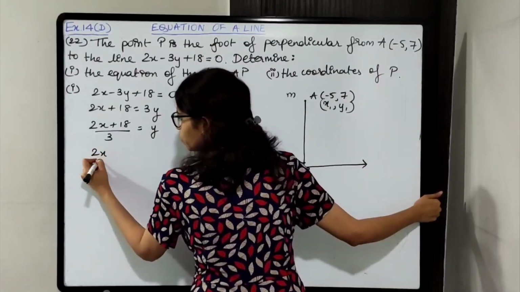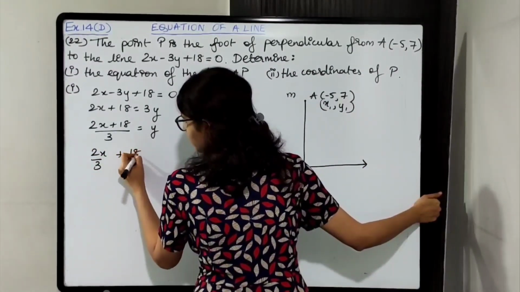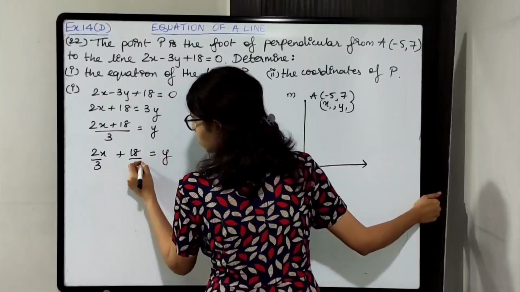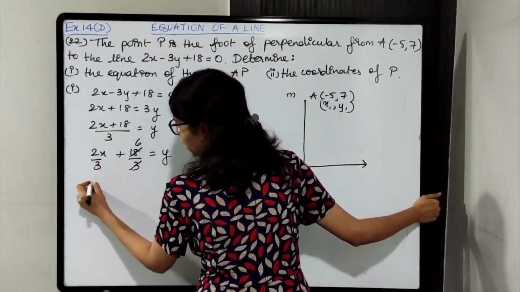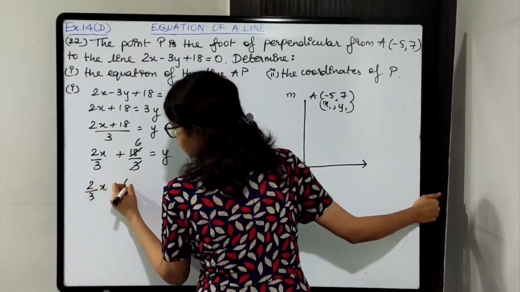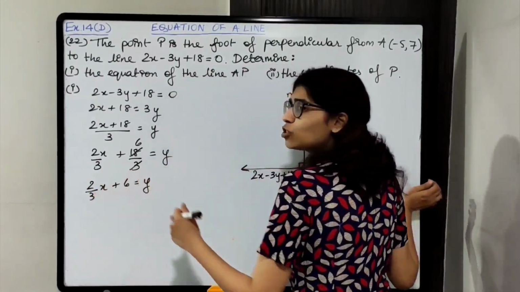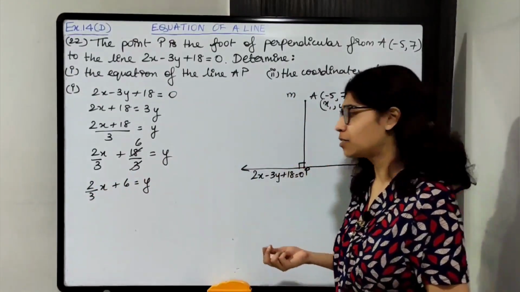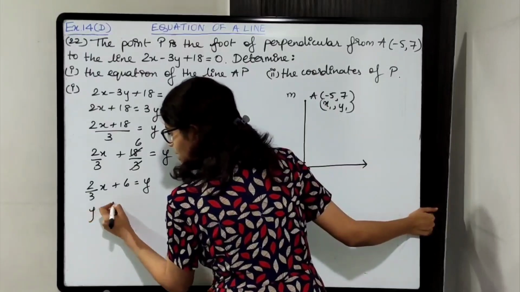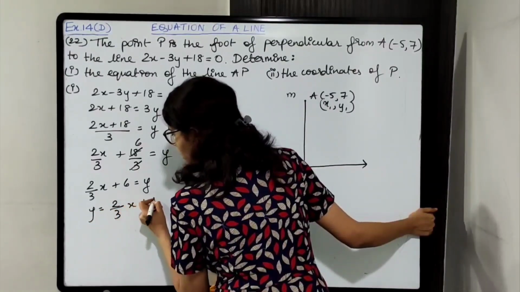So separate them. 18 by 3 is 6, here as it is. Switch the sides, you will get it in standard form. It is now in the form y equals mx plus c.